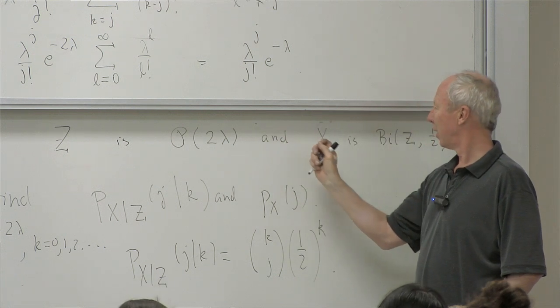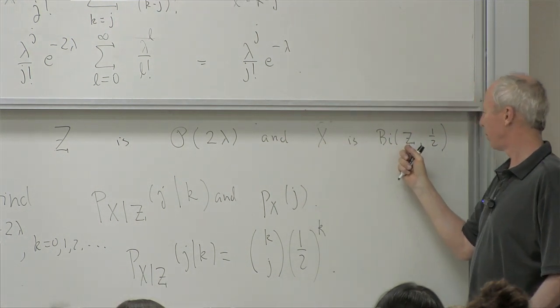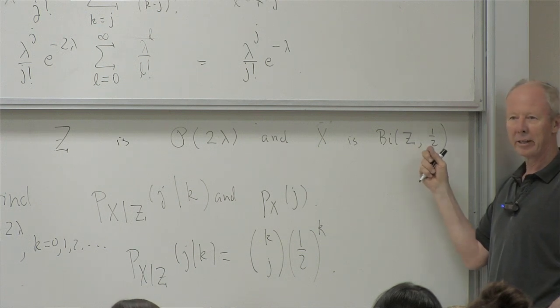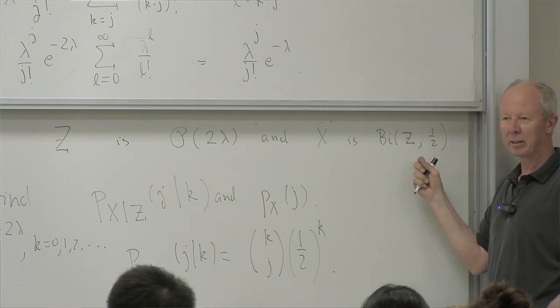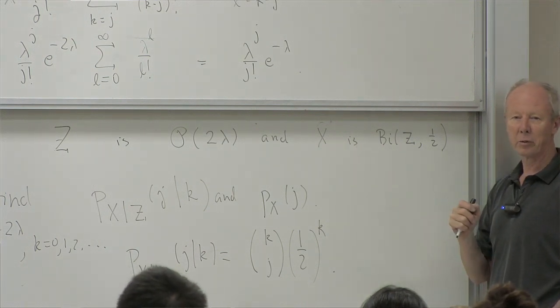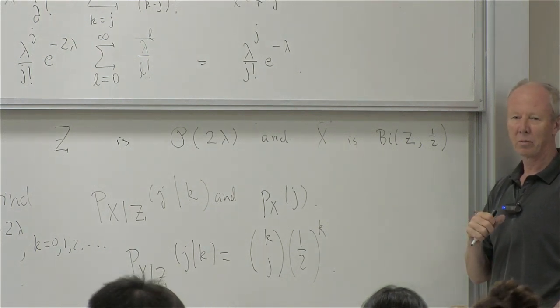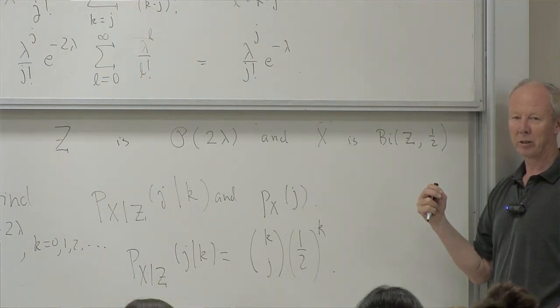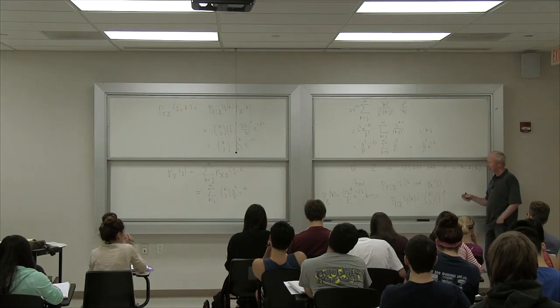Okay, so if x is binomial with parameters z and one half, where z is a random variable, which is independent of x, and Poisson with parameter 2 lambda, then the marginal distribution of x is Poisson with parameter lambda. That's kind of the reverse of what the first computation we did.